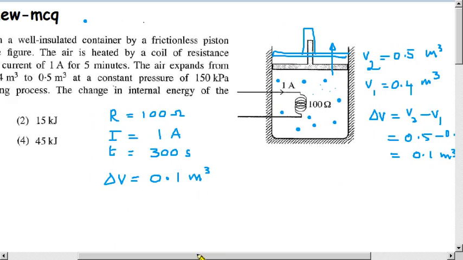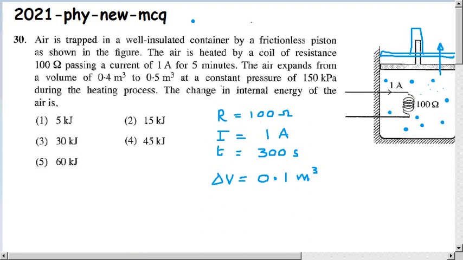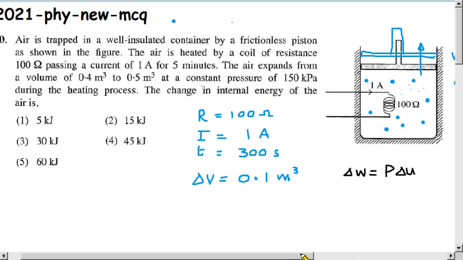So delta V we know, and you should then remember there are equations. Delta W, work done, equals P delta V. That equation is a popular one, so you should remember that. Work done is equal to P times delta V, volume change.